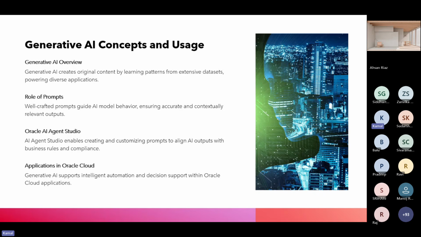Here also, it depends upon the prompts. How to do the search needs to be dealt with by the prompts only. So as I said, in every step, whether it's generative AI, a RAG agent, or agentic AI, prompts play the pivotal role. It's very important.